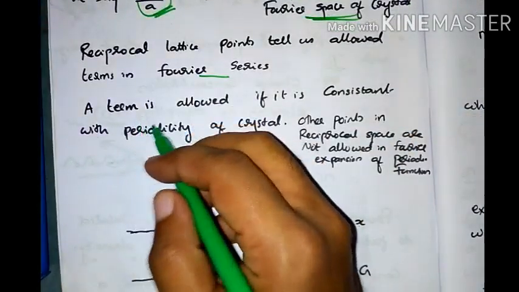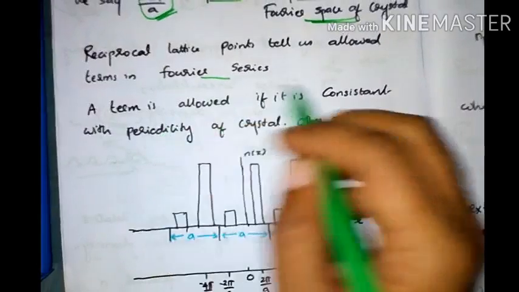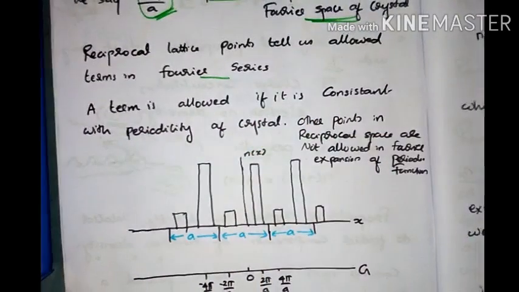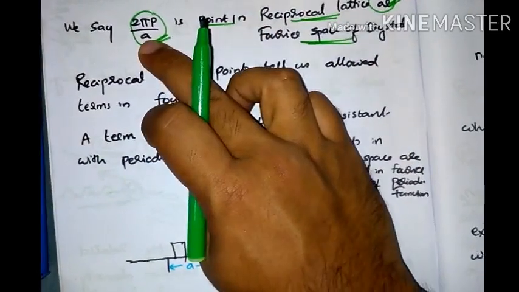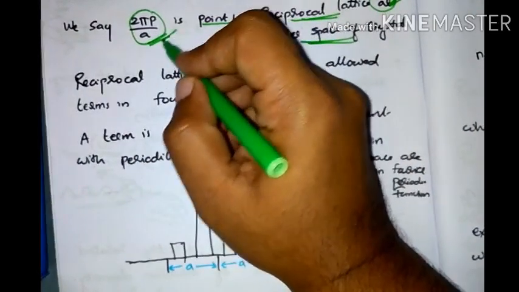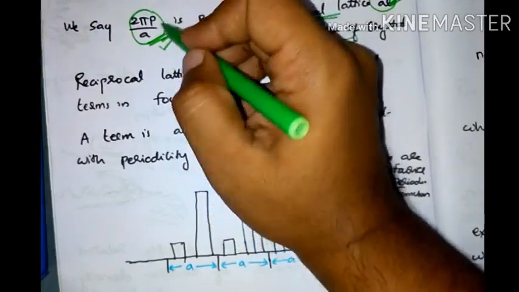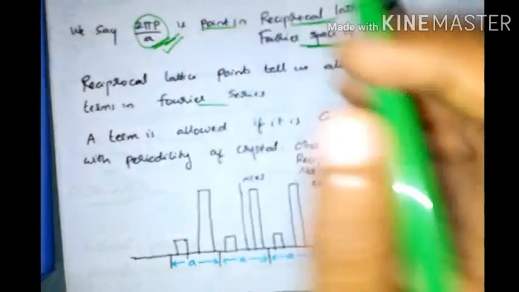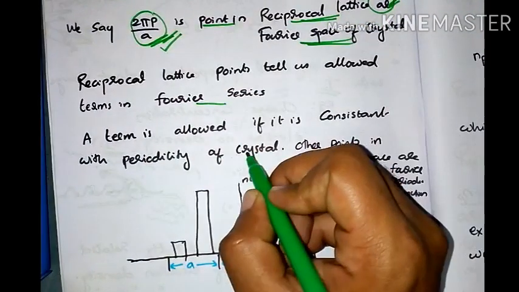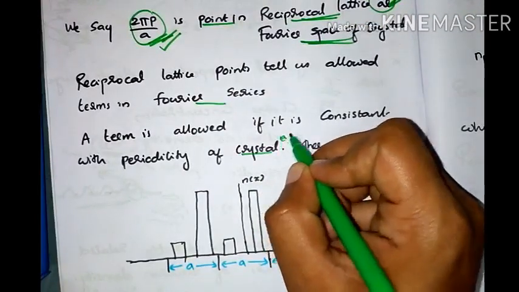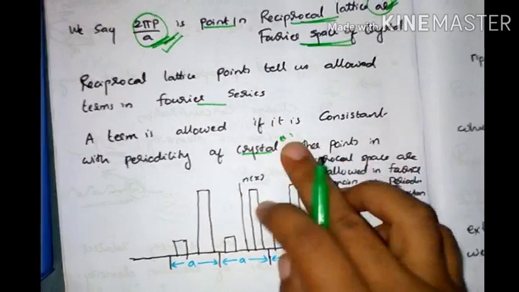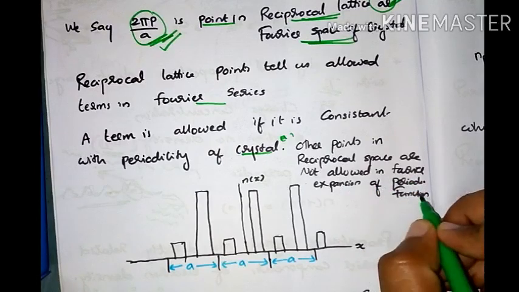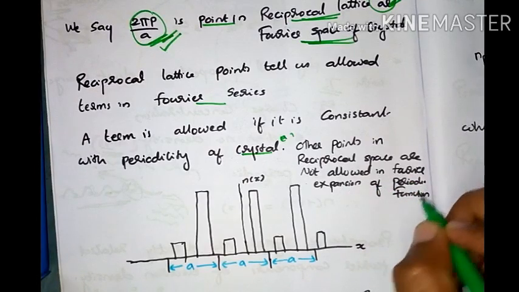Now a term is allowed if it is consistent with the periodicity of the crystal. So a particular value in the reciprocal lattice can be taken if it is consistent with the periodicity of the crystal. Periodicity is given by a. So other points in the crystal space are not allowed in the Fourier expansion of the periodic function.